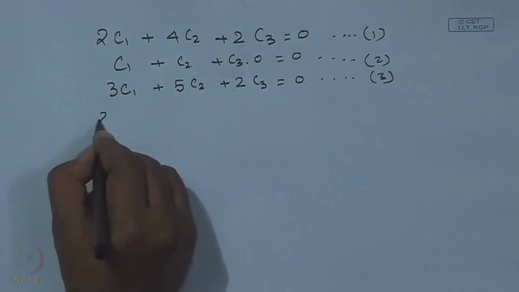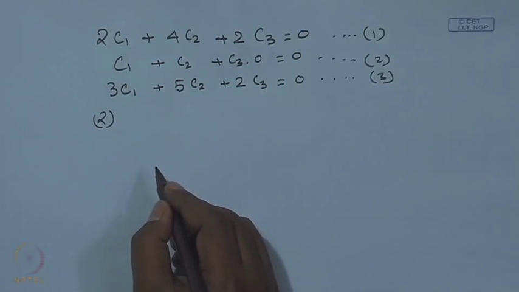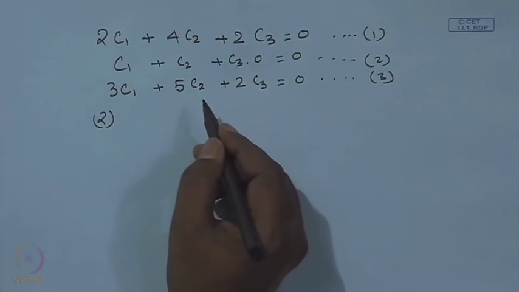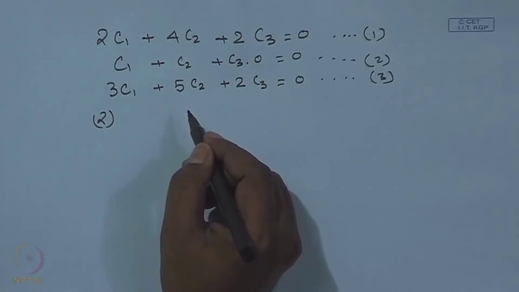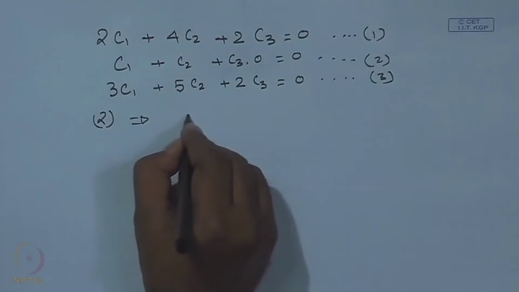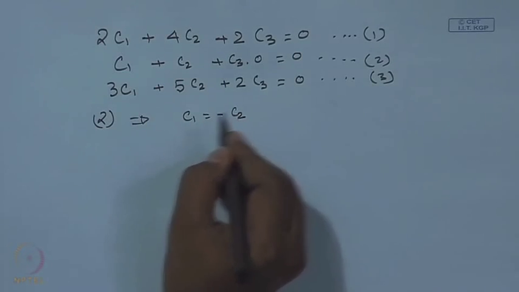So, 3 equations and 3 unknowns. Let us find the values of these scalar multipliers C. From equation 2 we get C1 equal to minus C2.